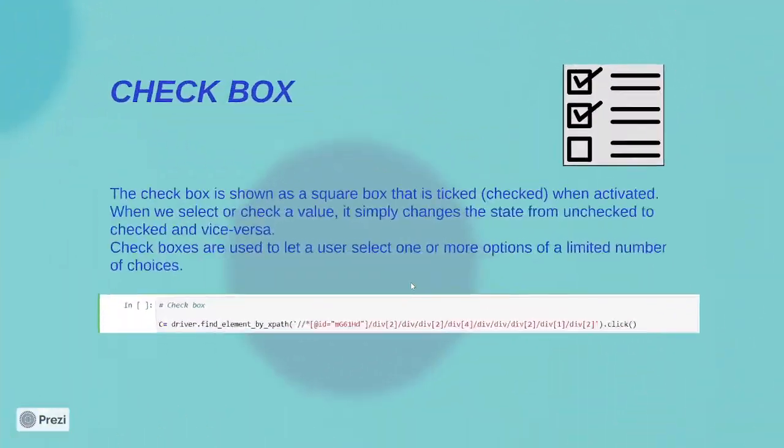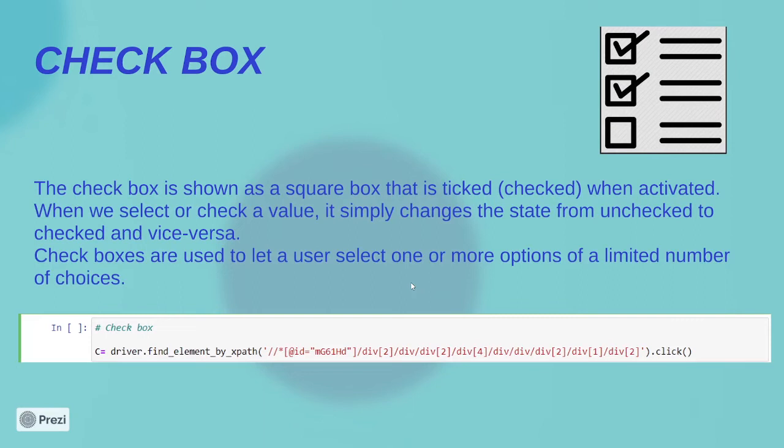Now the next type is the checkbox. A checkbox is denoted by a square, and the user has to click on the checkbox so that it is either ticked or unticked. When the checkbox is ticked, it is activated, and when it is unticked, it is not activated.